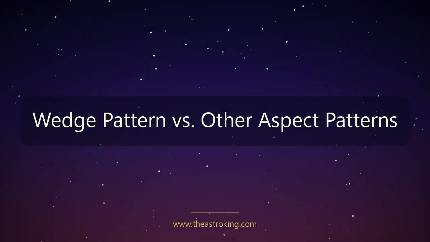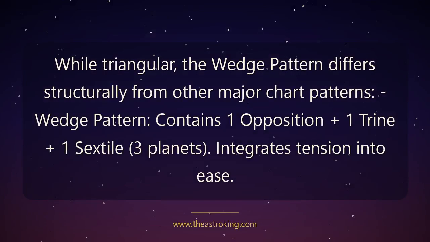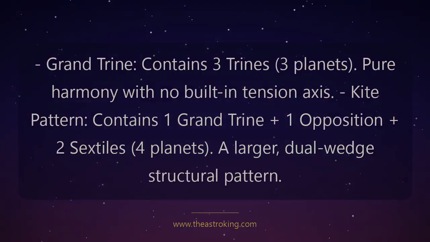Wedge pattern versus other aspect patterns. While triangular, the wedge pattern differs structurally from other major chart patterns. Wedge pattern. Contains 1 opposition plus 1 trine plus 1 sextile. 3 planets. Integrates tension into ease. Grand trine. Contains 3 trines. 3 planets.